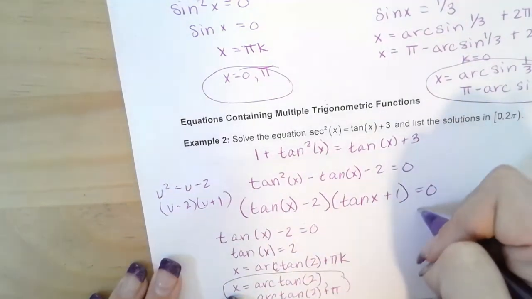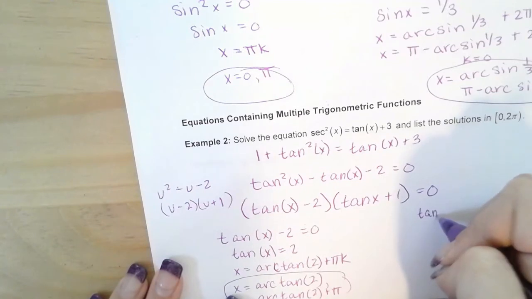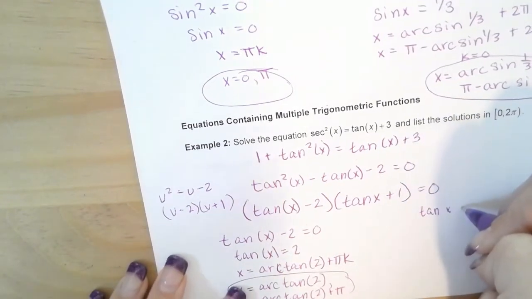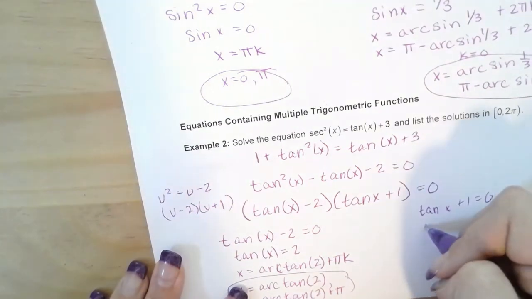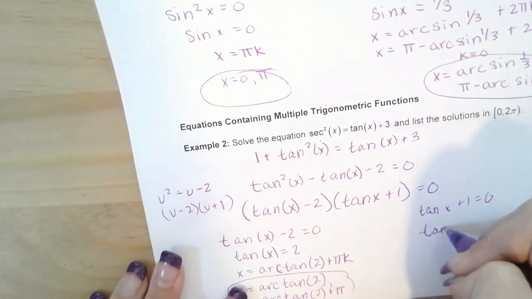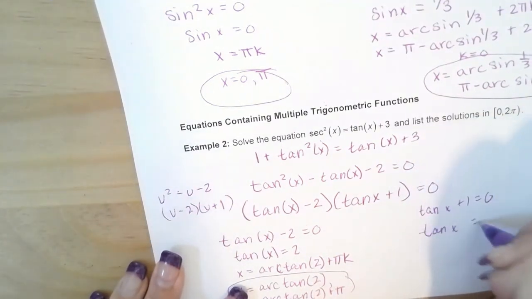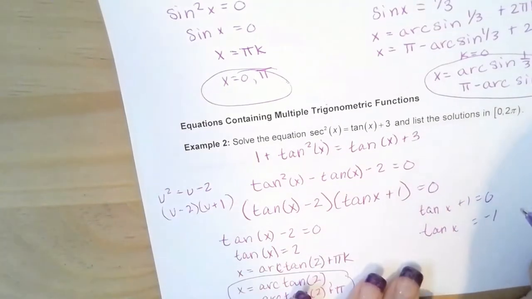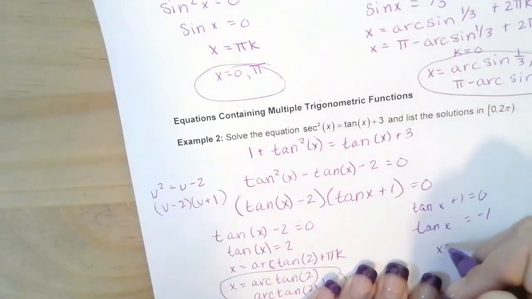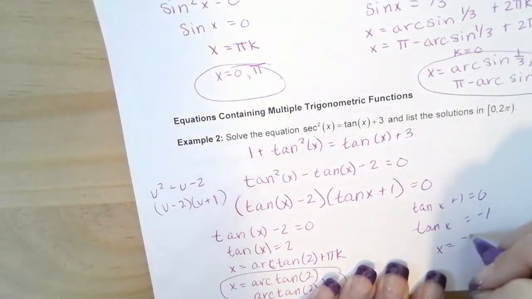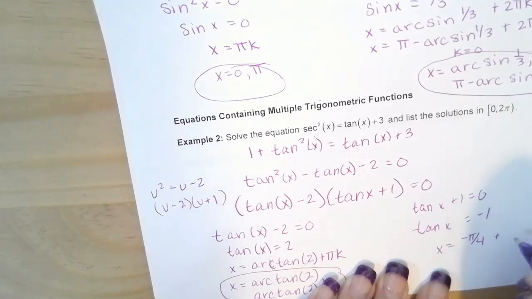Let's do the other one. Tangent x plus 1 equals 0, so tangent x equals negative 1. That means x equals negative pi fourths plus pi k.